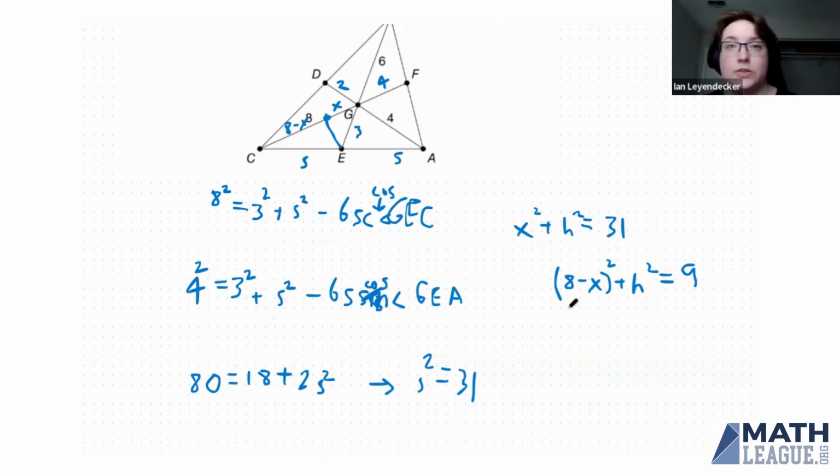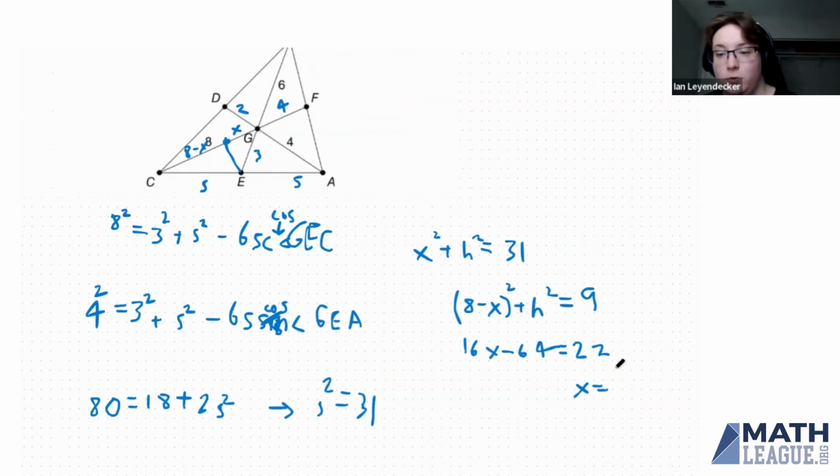And then subtracting these two equations, once we have simplified them a bit, gets us 16x minus 64 equals 22, or that x equals 43 over 8.